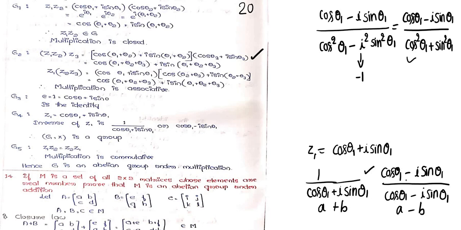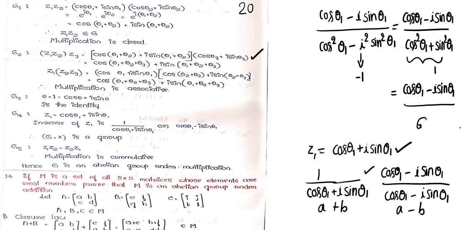We know the value of this denominator, that is 1. So, anything by 1 means anything. That means the inverse of cos theta 1 plus I sin theta 1 is cos theta 1 minus I sin theta 1. This is in the form of element of given set. Therefore, inverse exists in the given set.